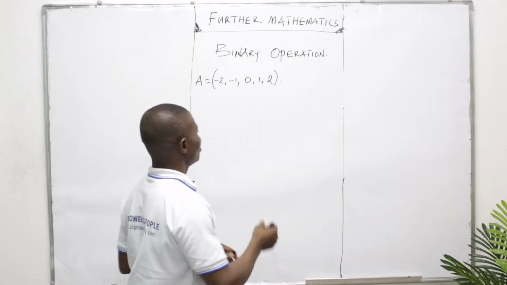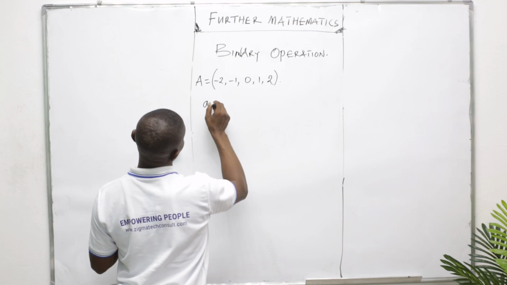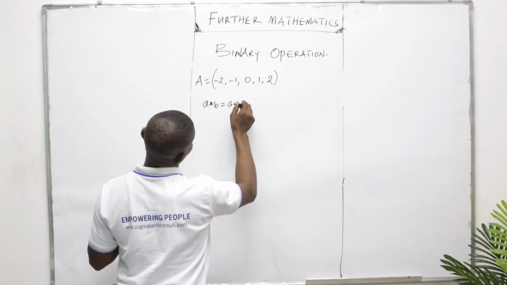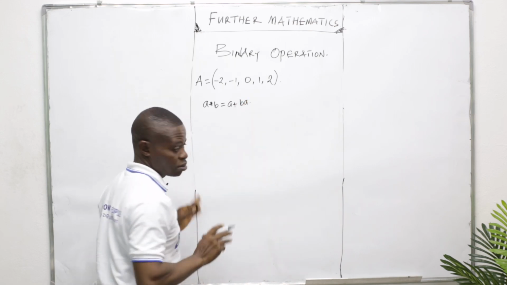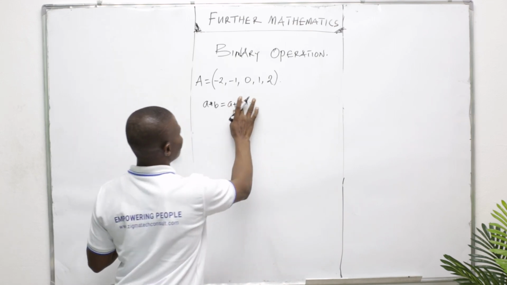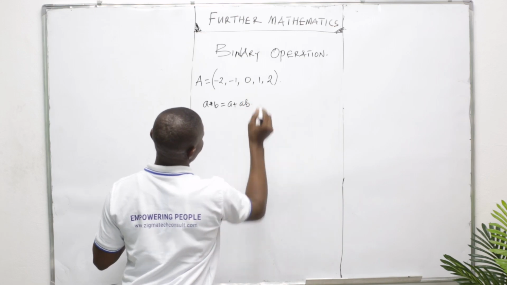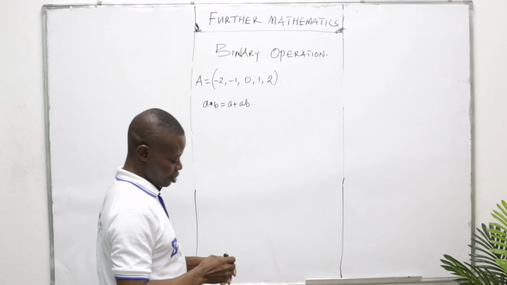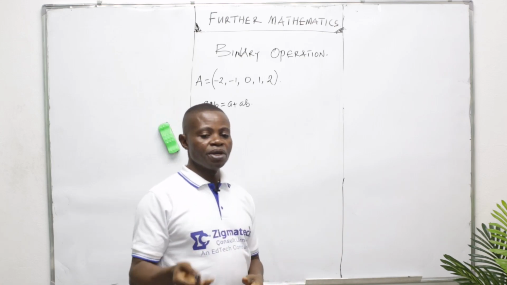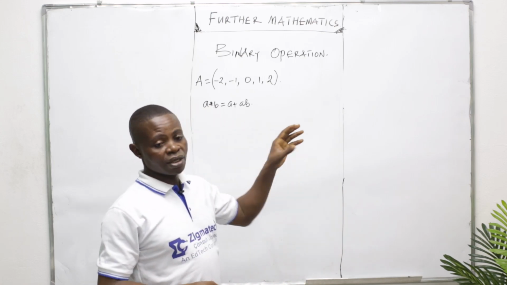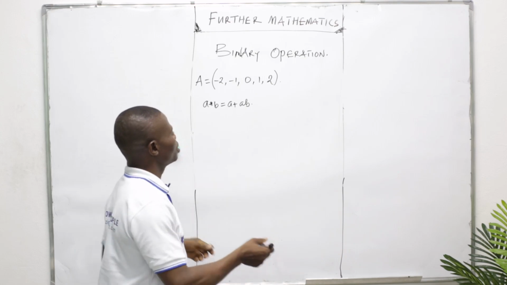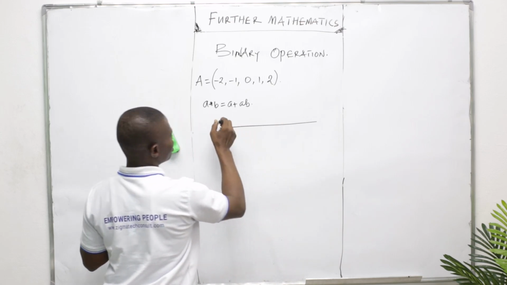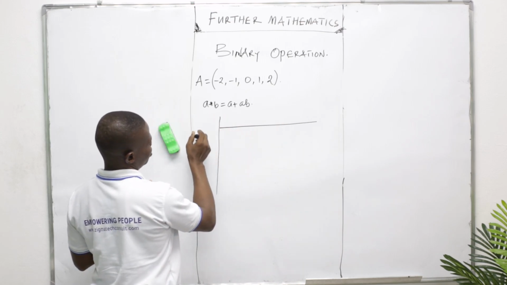Good. What are we dealing with? We know that A operating on B equals A plus AB. Meaning we will have A and B to be contained in our table. That table is dealing with the horizontal and vertical axis.